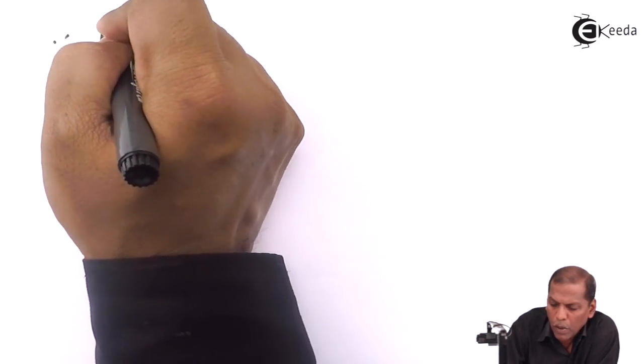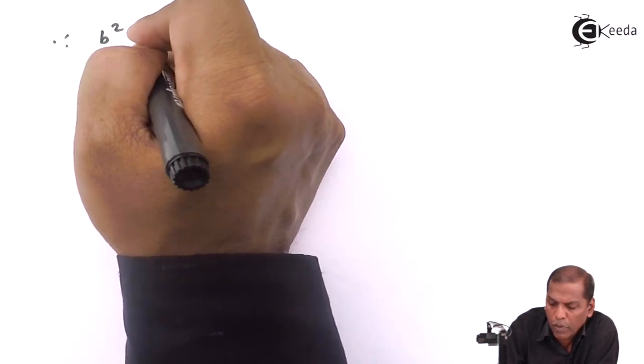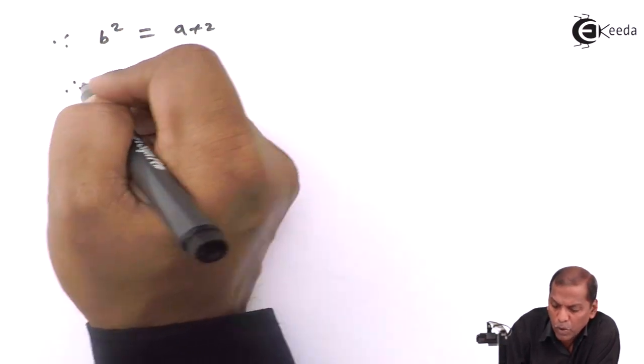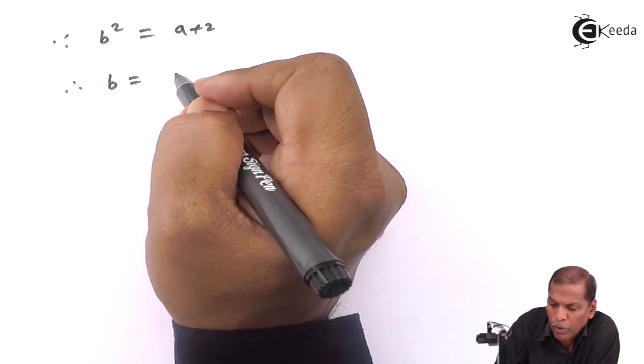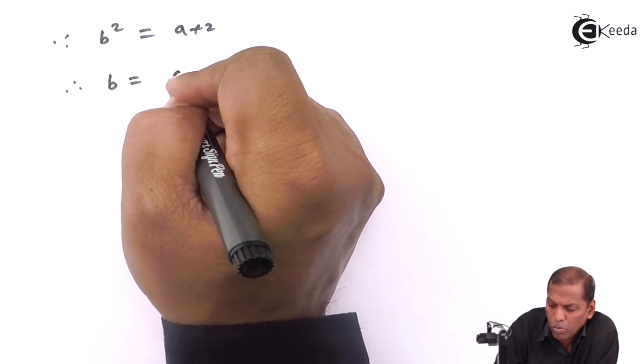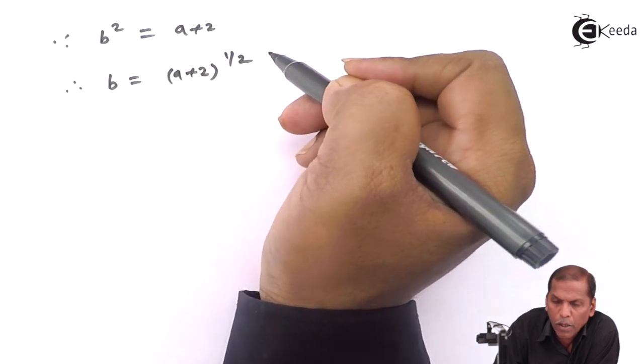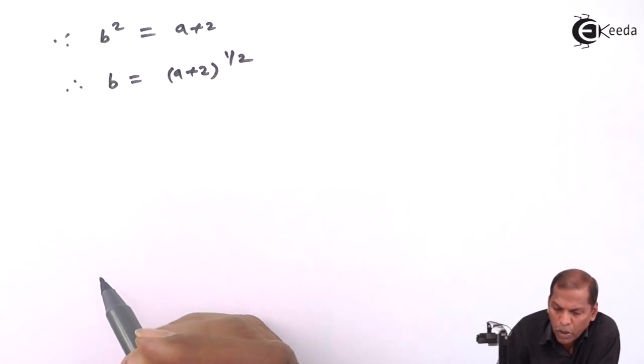Since b square is equal to a plus 2, therefore b is equal to a plus 2 raised to 1 by 2.